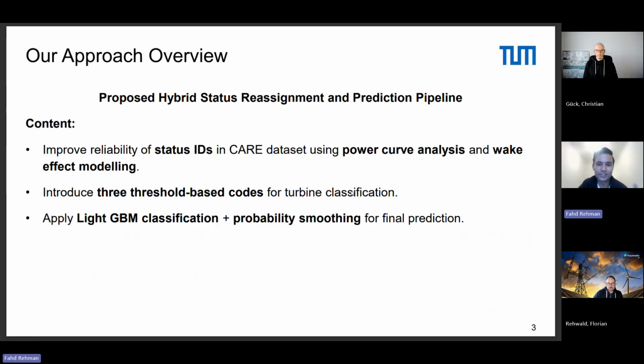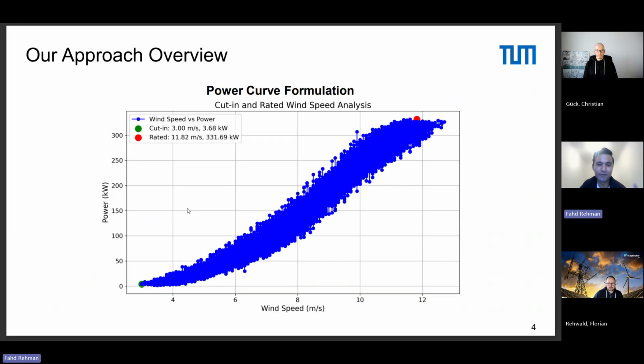I have already mentioned that we have used the power curve for making the status more accurate, starting with the power curve formulation. If we plot active power against wind speed, our curve would look something like that. The cut-in speed is the speed at which the turbines start producing power.